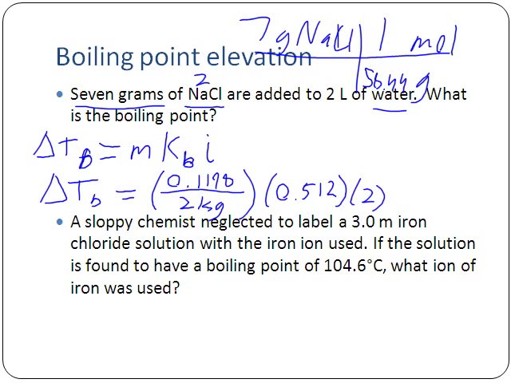And so if we go ahead and work this out, we would say we have our 0.1198 divided by 2, then times 0.512, then times 2 on that. And so I get 0.06, if I am doing that right. And so I get in this case for a total of delta TB, not a whole lot of raising in the temperature, which sort of makes sense. We only added 7 grams of salt.